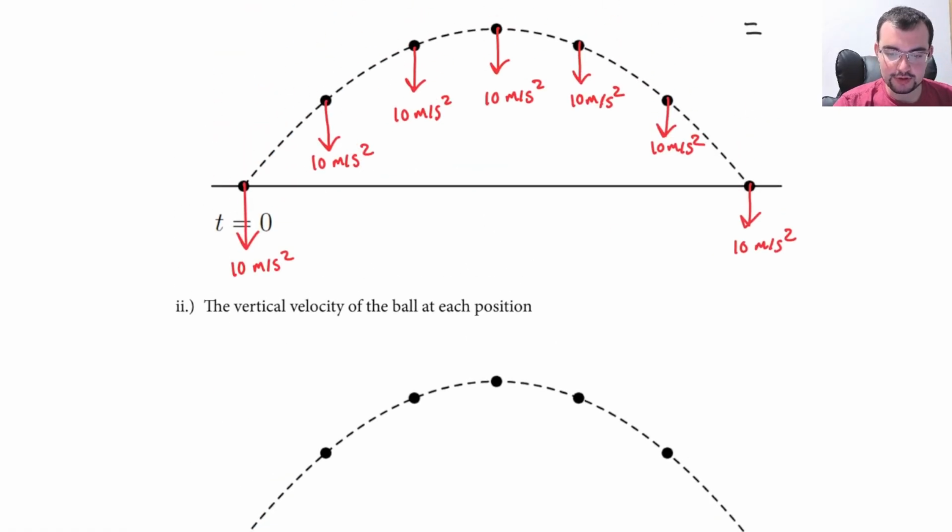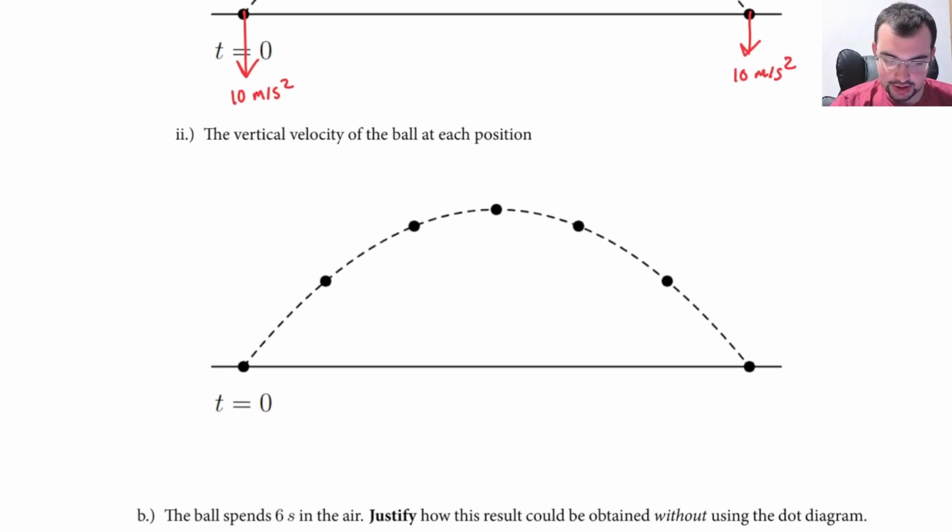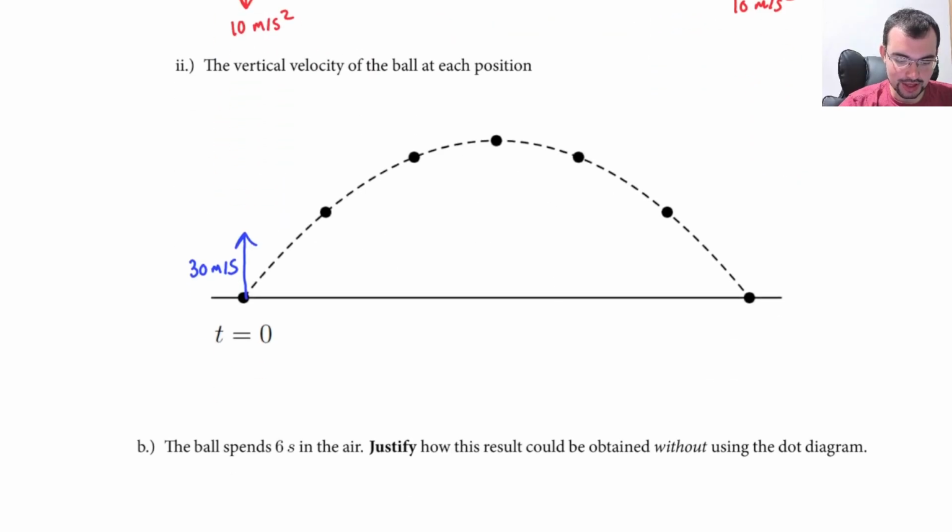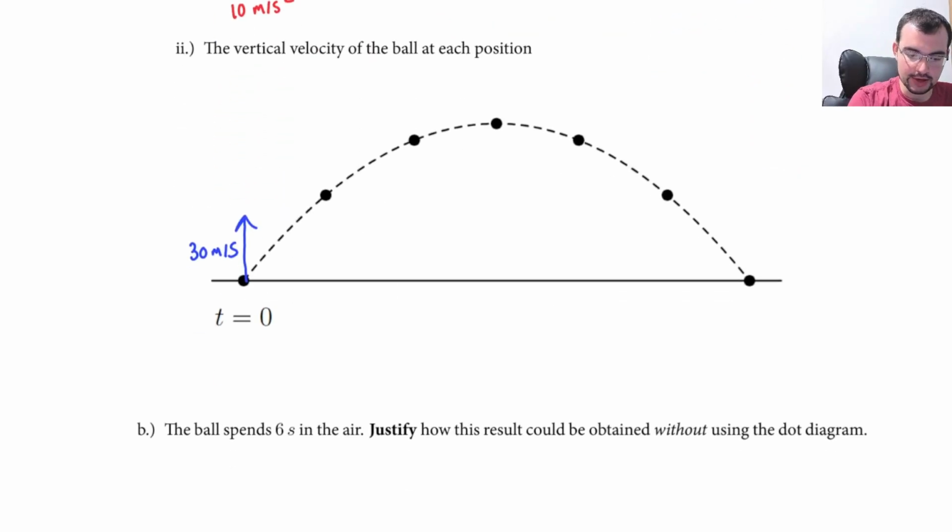Now, what's the vertical velocity of the ball at each position? Well, we know it starts out at 30. What happens 1 second later? Well, I add 10 meters per second down. 30 up, 10 down, net result 20 up. Add 10 again, but it's 10 down, so that makes 10 meters per second.